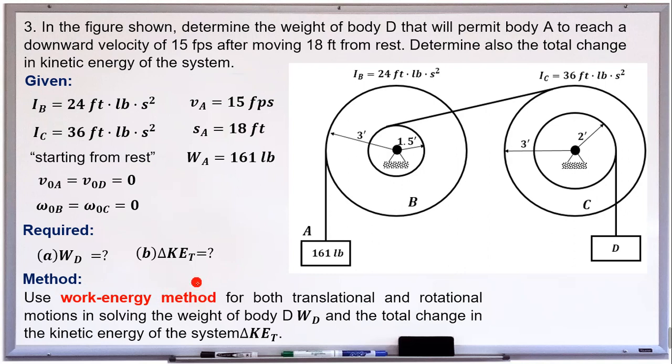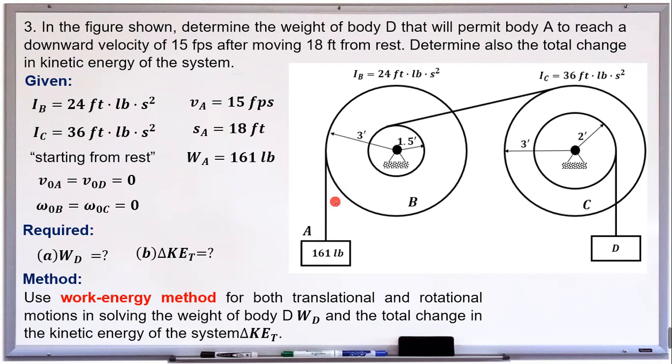But even if you're only using a single equation, the work energy equation, you still need some additional equations that will relate the displacements of this multi-body system, because as you can observe, we have two types of motion. So we want to relate the displacement in translation to the angular displacement in rotation.